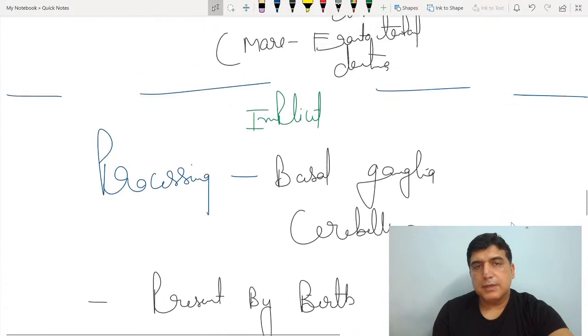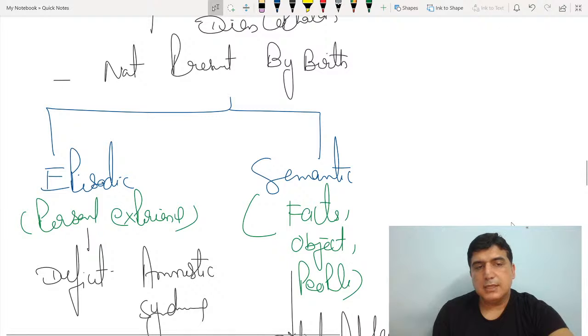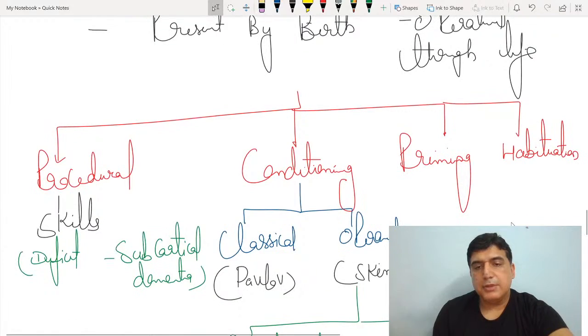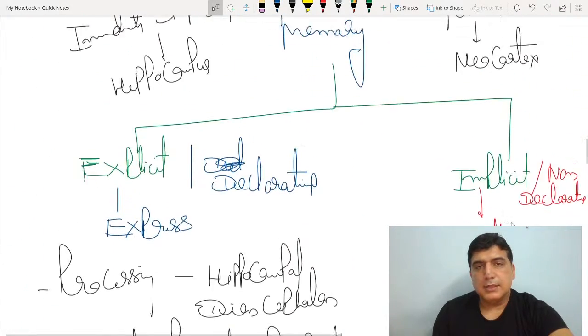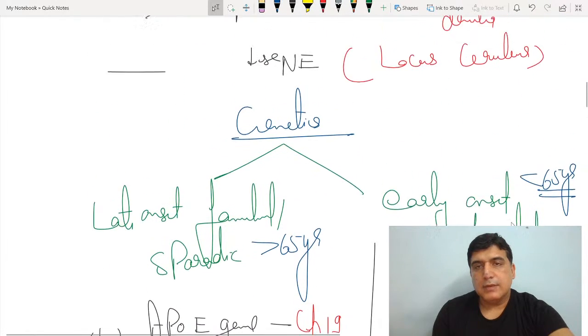This is a classification of memory, explicit and implicit. Explicit is episodic and semantic, and implicit is procedural, conditioning, priming, habituation. Okay, and we have, guys, the apoE4 and ubiquitin in late onset, APP, PS1, PS2 in early onset familial dementia.